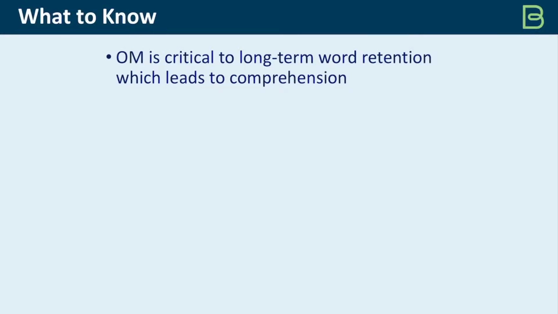So some things that you will want to know about orthographic mapping is that it is critical to long-term word retention, as I've mentioned, and that leads to comprehension ultimately. So orthographic mapping is what allows us to retrieve words from the page immediately and effortlessly. And so to be successful with comprehension, we know that readers need to be fluent and automatic.